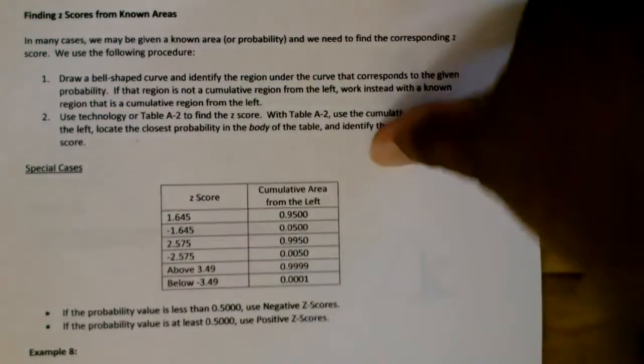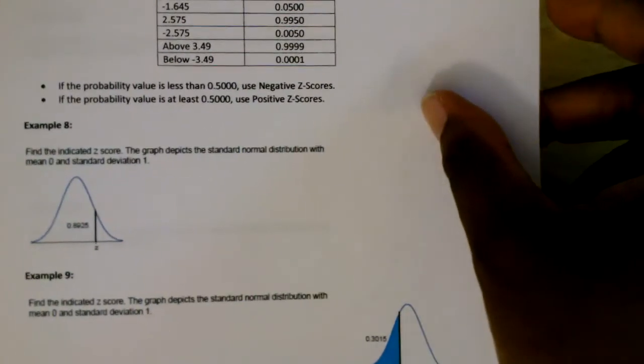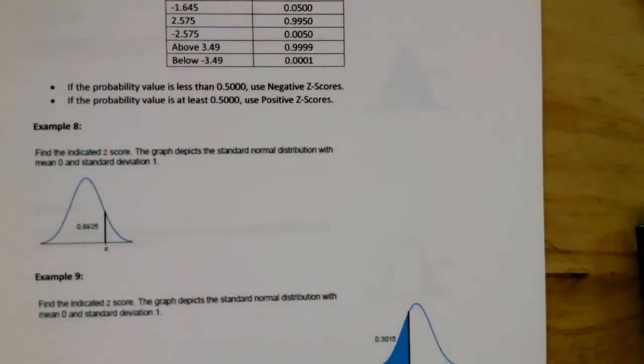Now let's look at some examples of this, like example 8. Here we're going to find the indicated z-score. The graph depicts a standard normal distribution with a mean of 0 and a standard deviation of 1.